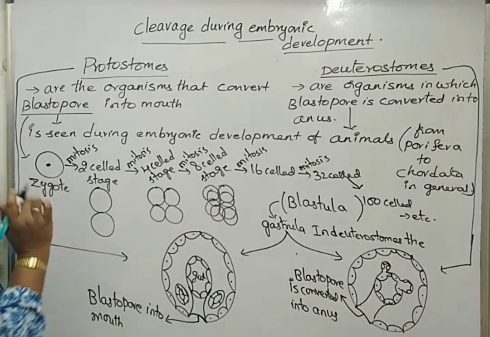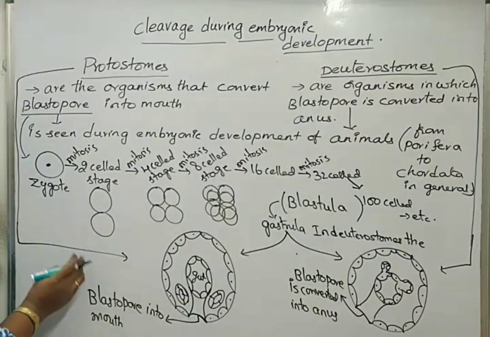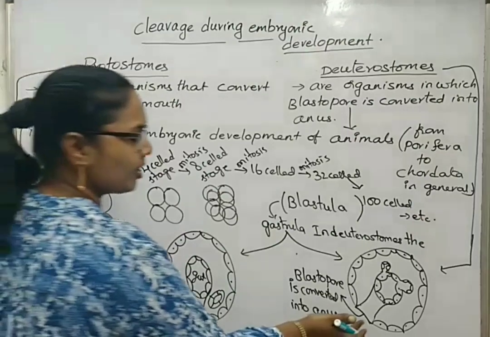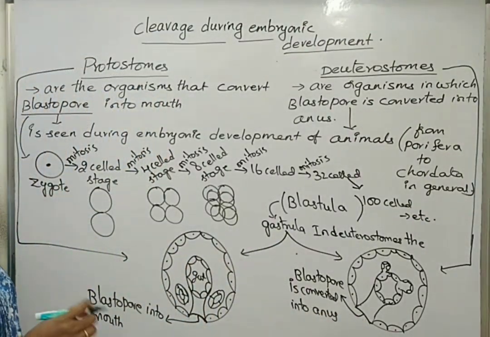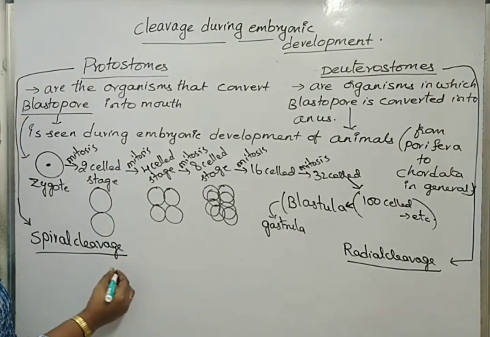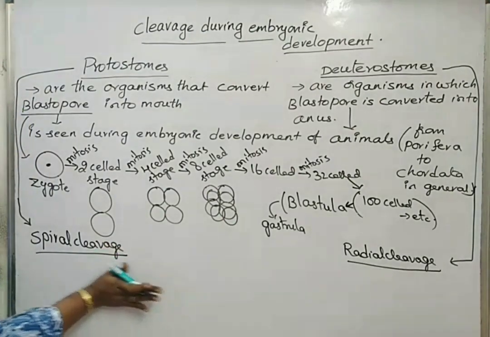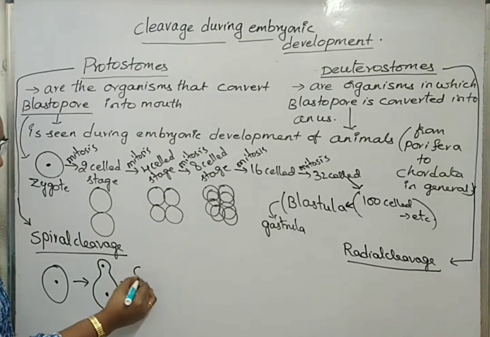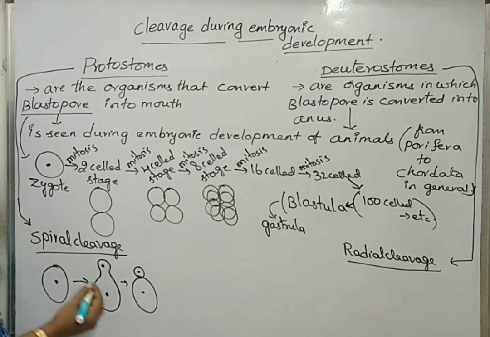Now here about this cleavage. How all these structures are formed, it varies. How here blastopore is getting converted into mouth and blastopore into anus, it all depends upon the types of cleavages. In case of protostomes, if this is the zygote initially, next it will show special type of constriction which is smaller at one area and bigger at another. So this will be one cell, this will be another cell. So now we have got two different shaped cells in case of spiral cleavage.